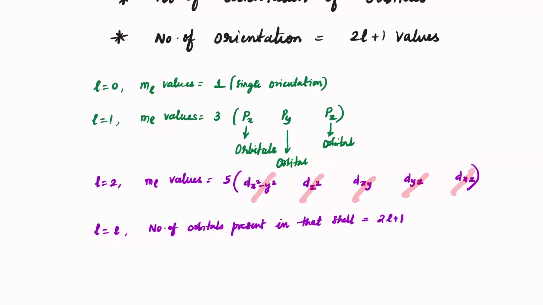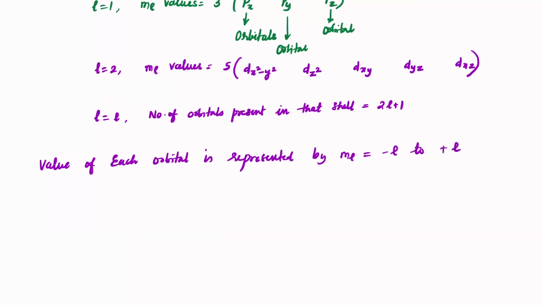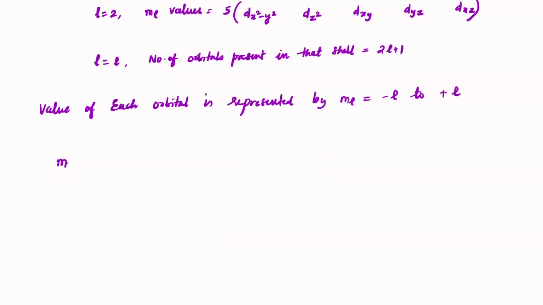The exact value of each orbital is represented by ml, which is equal to minus L to plus L. See, if L is equal to 0, then ml value is 1, only one orientation. Minus 0 to plus 0 means only 0 value, right? So the value of that is 0.